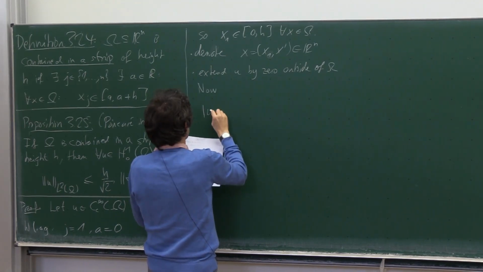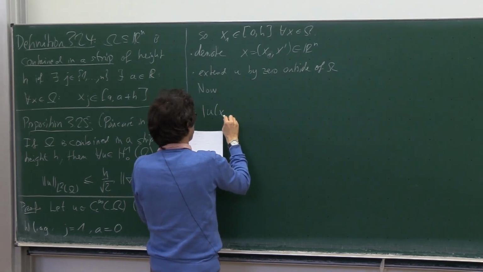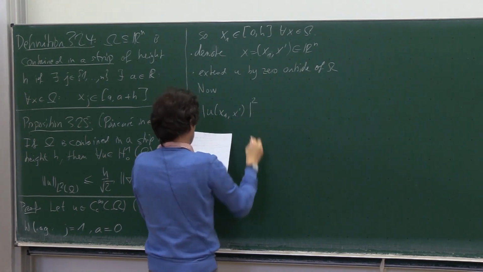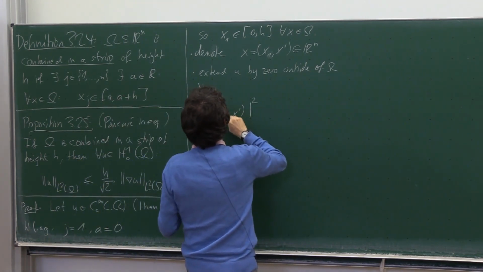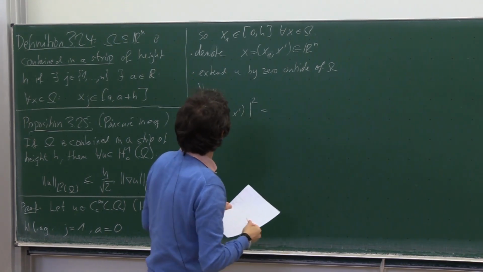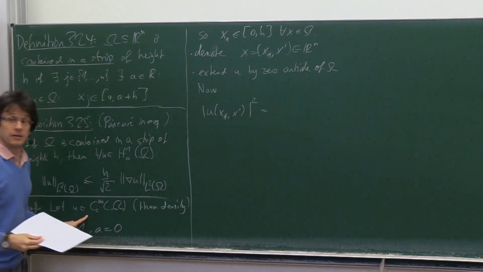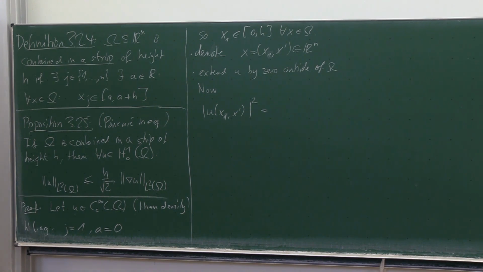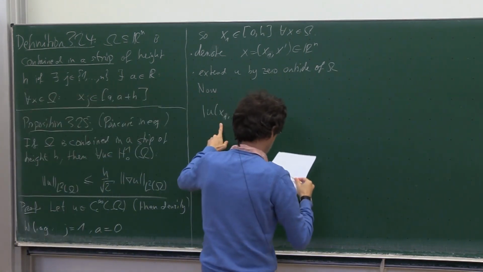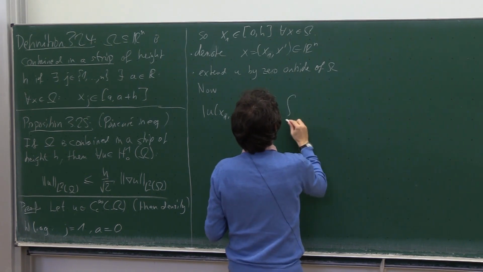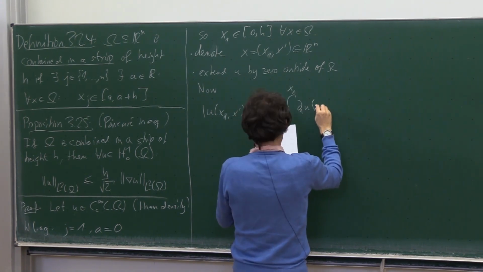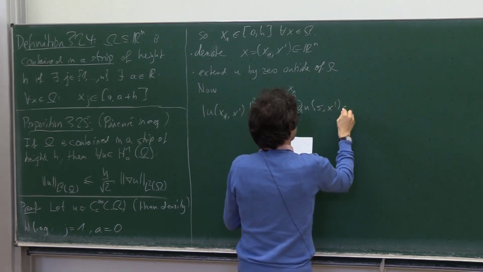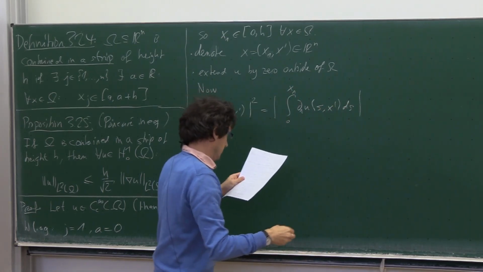And then we can start to estimate u of x1, x prime squared. Now u, as I said, is C_c infinity, so I can apply the fundamental theorem of calculus in the one variable x1. I can rewrite this as the integral from 0 to x1 of d1u of s, x prime, ds, squared.